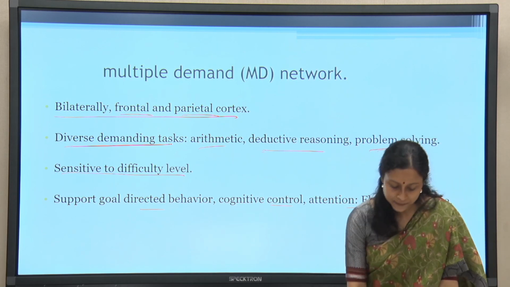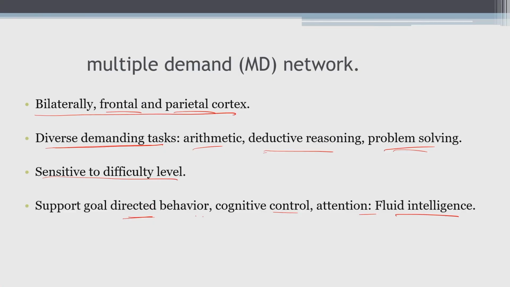Goal directed behavior and cognitive control are all supported by the multiple demand network. You can have various kinds of non-linguistic demands on this network, anything that requires this kind of control. As a result, goal directed behavior, cognitive control, in short fluid intelligence, is controlled by this particular area.